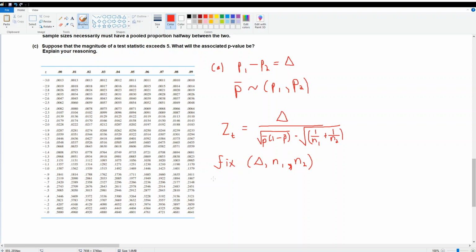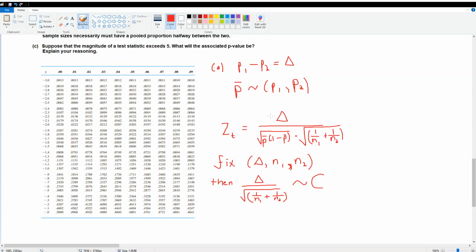What that means is that this delta divided by the square root of 1 over n1 plus 1 over n2 is a constant. We're going to call that c.